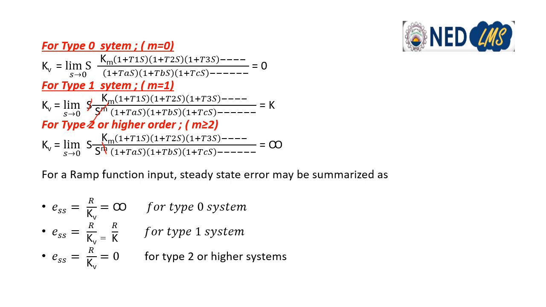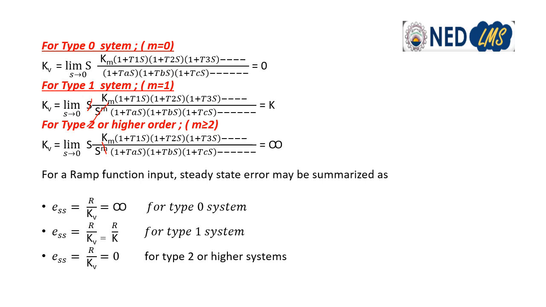So actually we have a 0 steady state error for type 2 or even higher order systems. So this is actually a good thing that we have a steady state error 0. In this case, for the ramp function, for a type 0 system the value of the ramp error coefficient is 0.